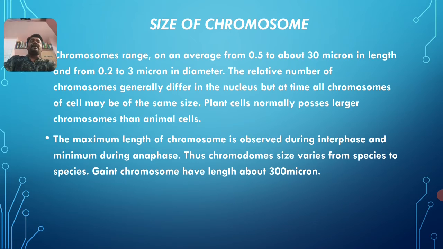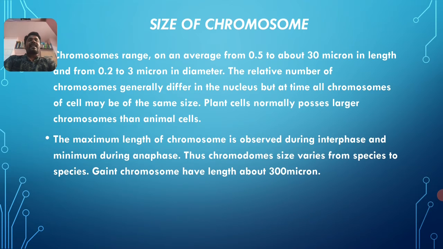Of course, the maximum length of the chromosome is observed during interphase, because in the interphase stage chromosomes have a linear thread-like or beaded thread-like appearance. Hence their length becomes maximum at interphase, and minimum during anaphase, because the chromatids divide. During that time they appear smaller, and the size becomes minimized.